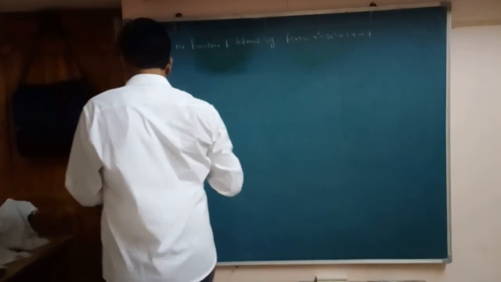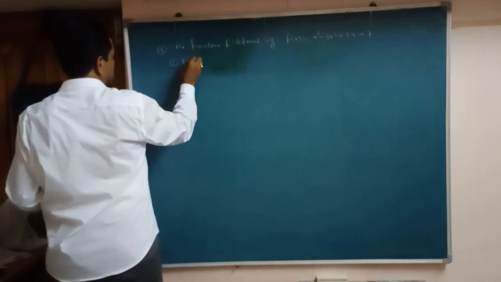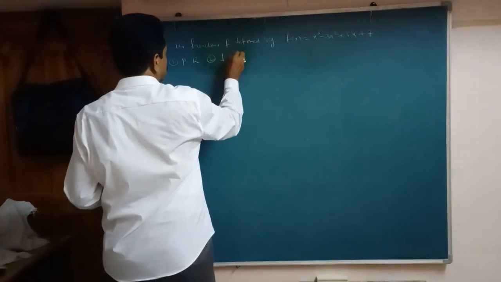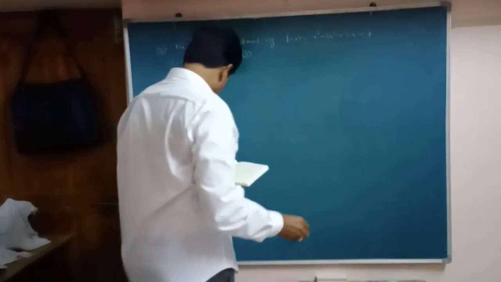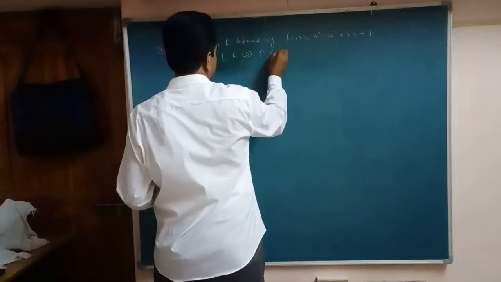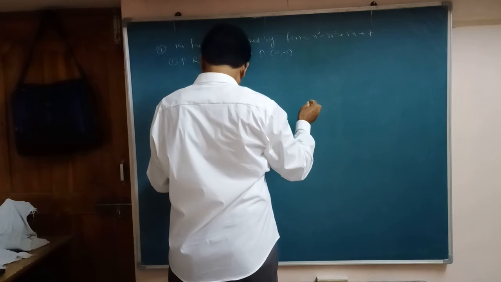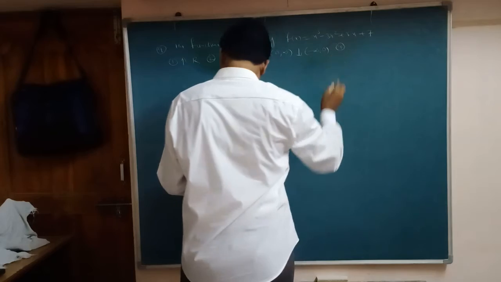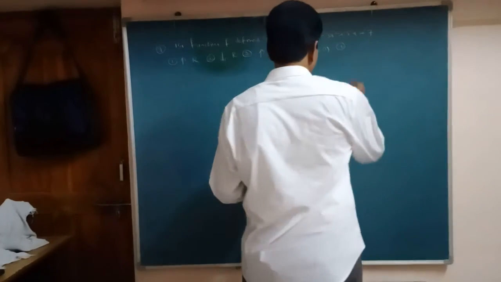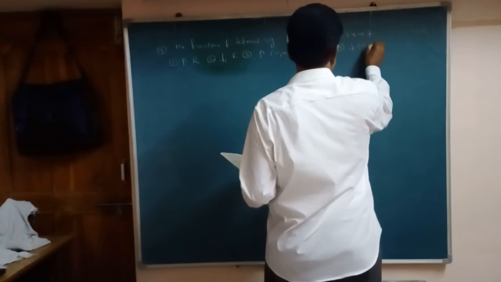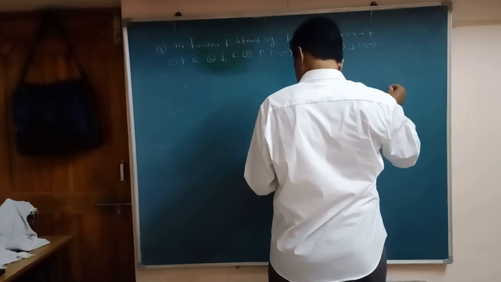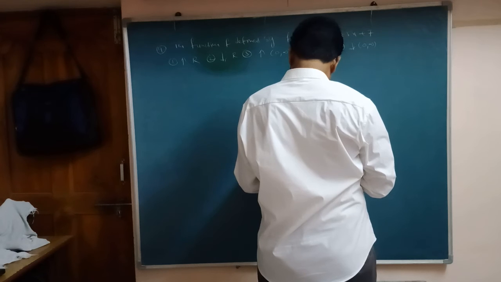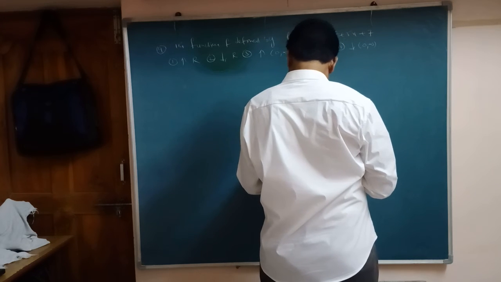Options here: first, increasing in R; second, decreasing in R; third, increasing in 0 comma infinity and decreasing in minus infinity comma 0; and fourth, decreasing in 0 comma infinity and increasing in minus infinity comma 0.